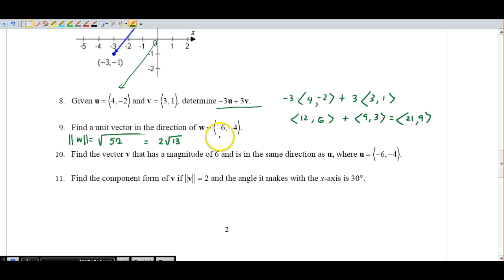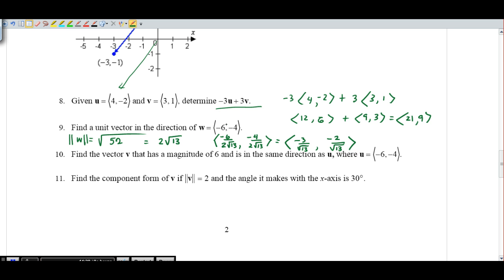So we're going to get -6 over 2 times the square root of 13, comma -4 over 2 times the square root of 13. So this simplifies to -3 over square root of 13, comma -2 over square root of 13. That's a unit vector in the same direction as this vector.